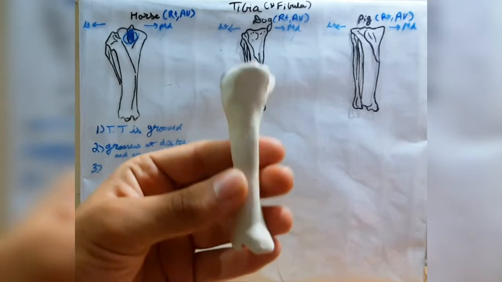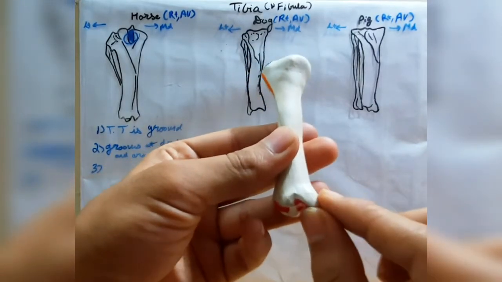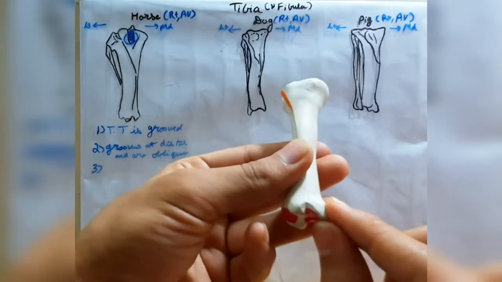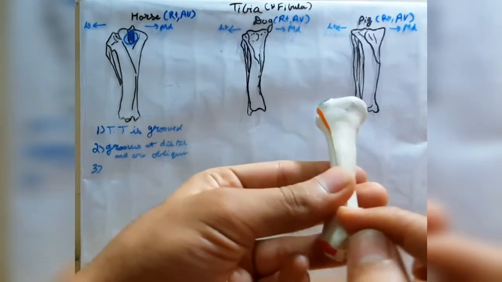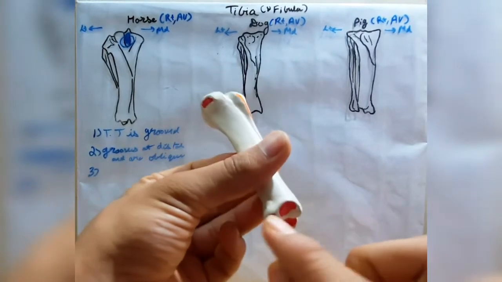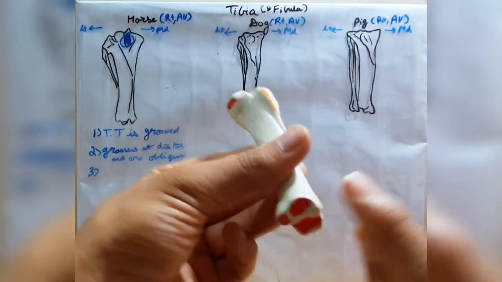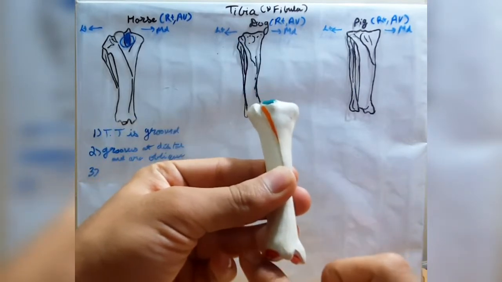So again, I'm going to use the tibia of ox, and you can see here the medial malleolus is fused with the medial border of the distal end of tibia. Okay, while the lateral malleolus articulates with a facet here at the lateral border of the distal end.